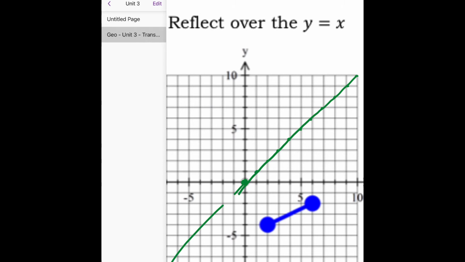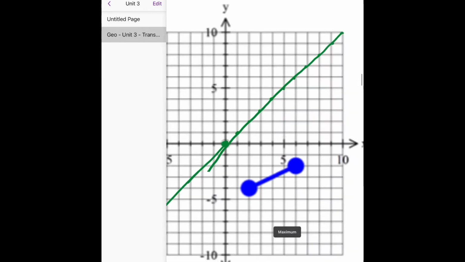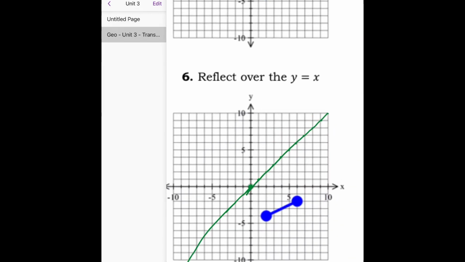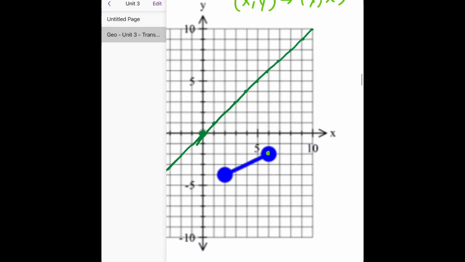Anyway, so I'm going to take my line, and remember, when you reflect across y equals x, I'm going to take my points (x, y) and just flip their places, (y, x). So let's label these points. This point is at 6 on the x, comma, -2 on the y.